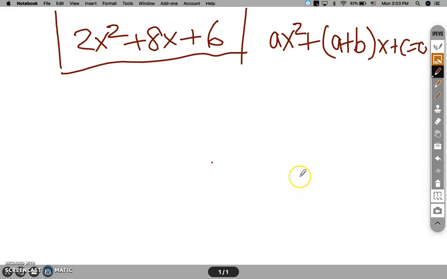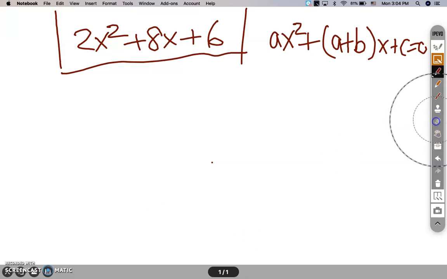So a plus b has to equal 8, and also when I multiply a times b, they have to equal 6. Let's see, does any of them work? Let's see, 8. I don't think so. There isn't going to be a specific one.